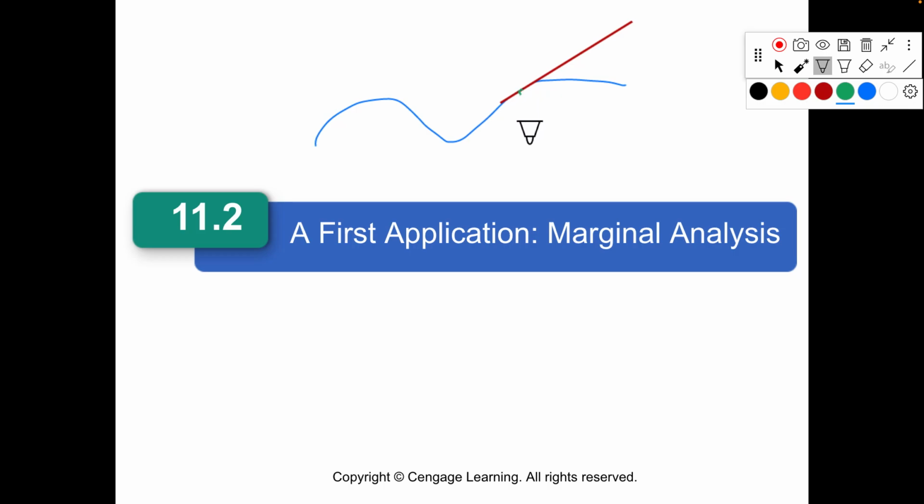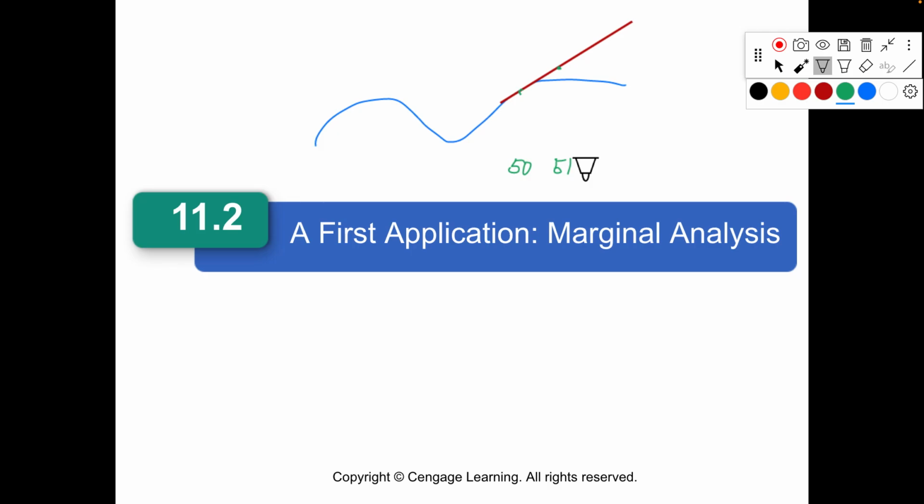Where's the marginal? We're talking about marginal analysis. Where is that? If this was, say, at 50, what are we looking for in the marginal? We're looking at what would it take to get to 51.